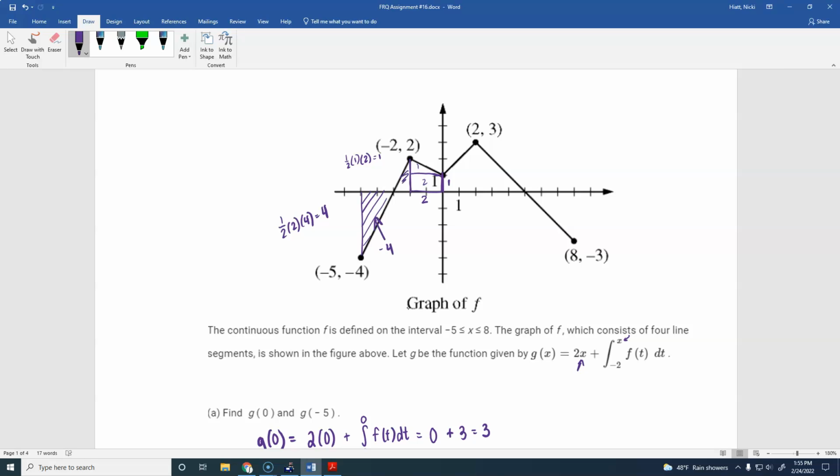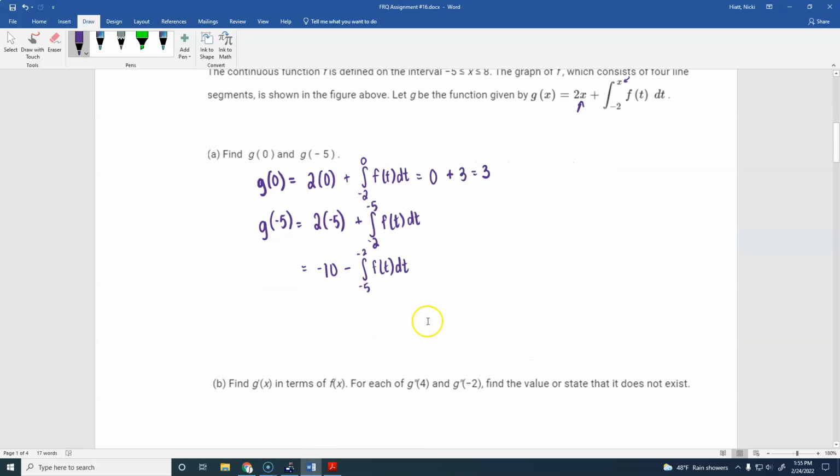But then we'd also have this little triangle right here, with an area of 1/2 times 1 times 2, which is 1. So we got -4 and +1, which gives us -3. So we're going to have -10 minus -3, which is -10 plus 3, giving us -7 for g of -5.